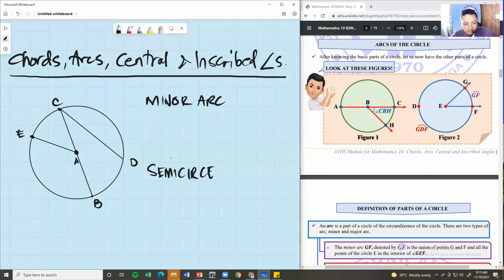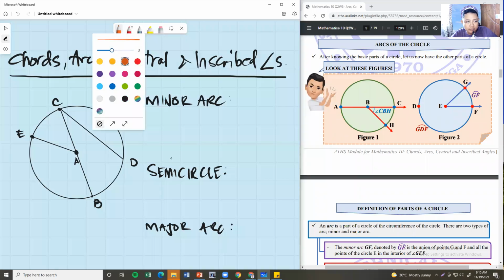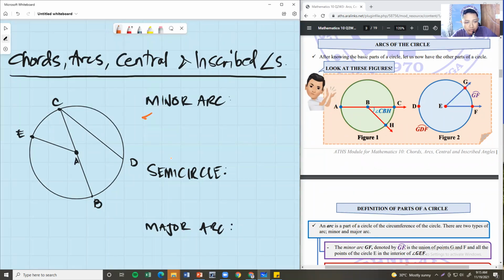And the major arc. And then you will see there the choices. Okay, very simple. Minor arc, always take note of this. Minor arc is below 180. So the measurement of this is below 180.